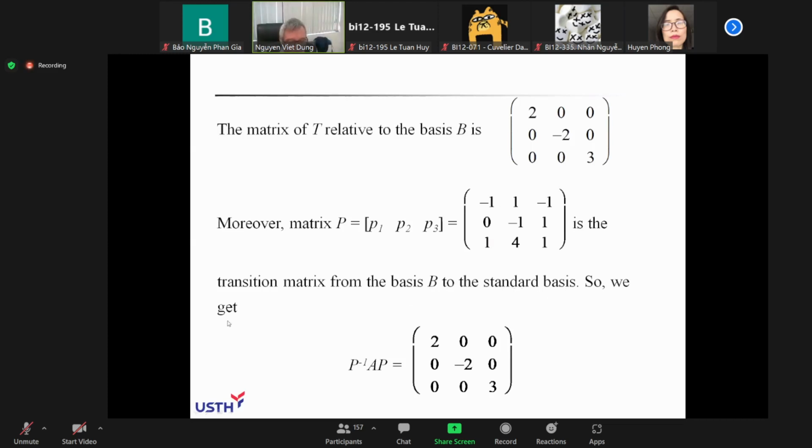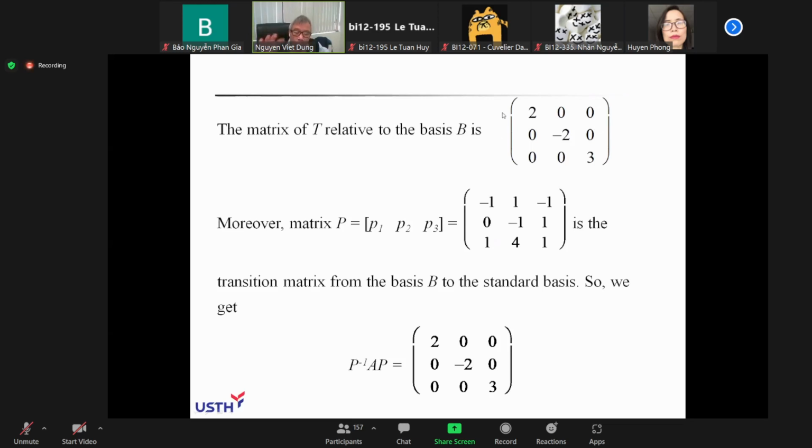So because of that, we get P inverse A P equals that one. You can consider that a formula for similar matrices, and that is exactly the definition of the matrix of T relative to the basis B.